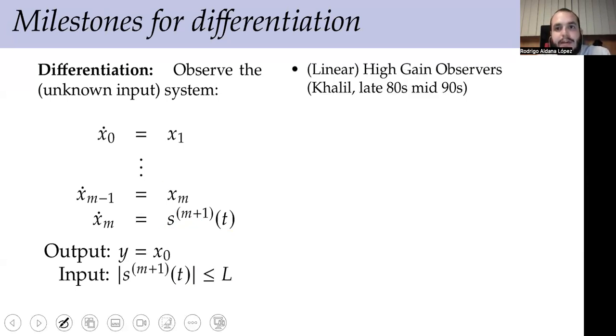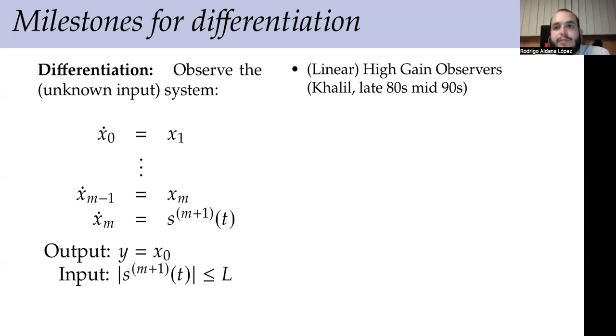Roughly speaking. I just want to show some historical developments of how solutions for this problem have arisen through history, and compare it with how the development of dynamic average consensus has been. First, of course, you may try to build a linear observer for this system. Of course, that won't be exact. That cannot be called a differentiator by itself.